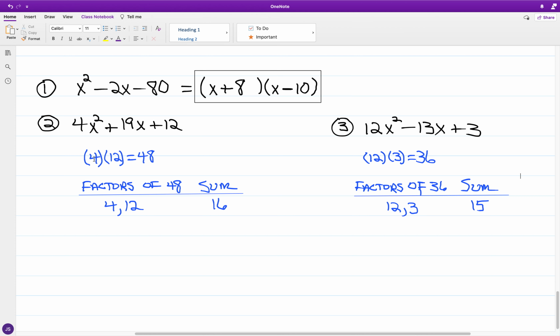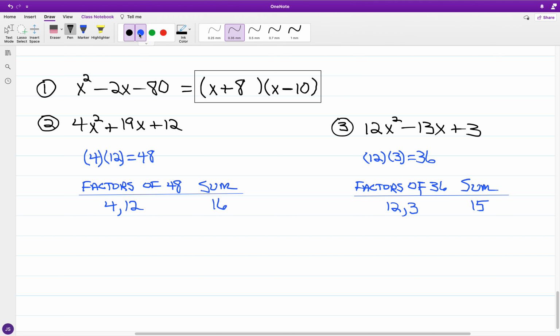And again, we just work with 4 and 12. However, those numbers add up to 16. If we're looking for the right combination that will multiply into 48 and add up to 19, well, 3 will go into 48 16 times, and 3 plus 16 is 19. And so the 3 and the 16 will be used to split up the 19 in the middle term.